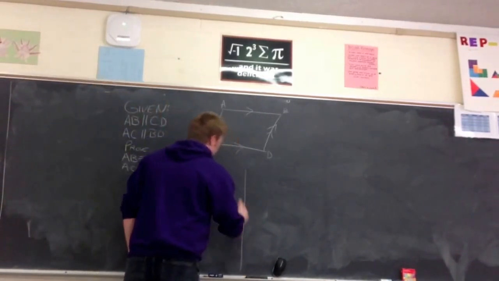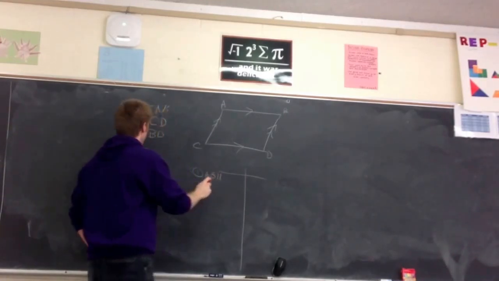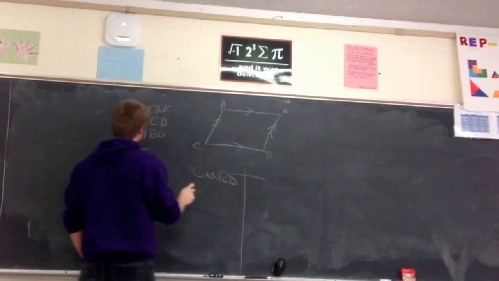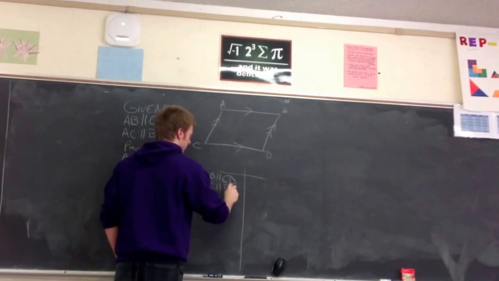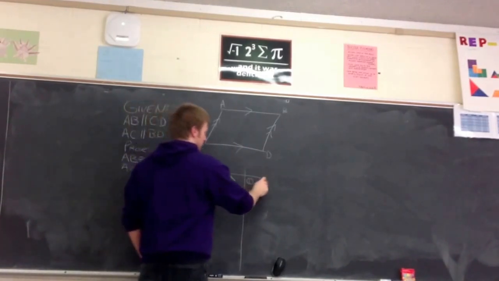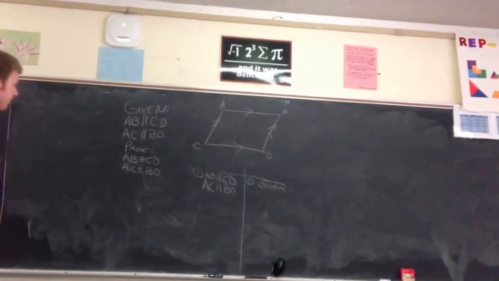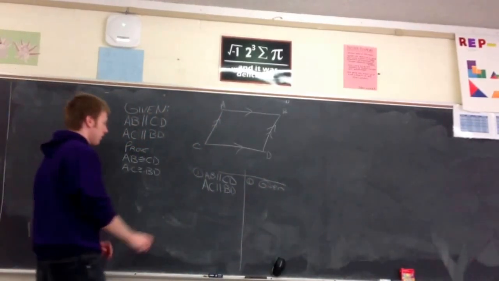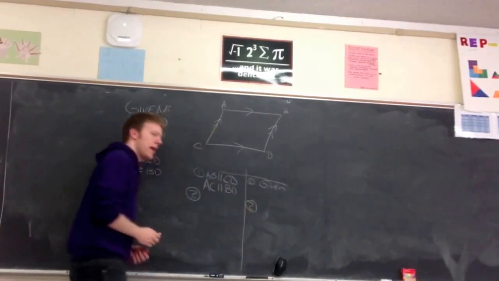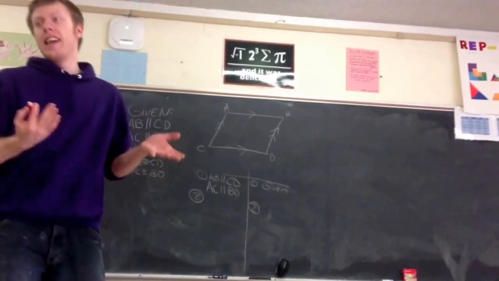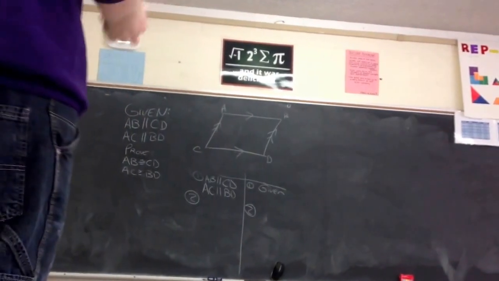So first, we've got our given. AB is parallel to CD, and AC is parallel to BD. Step 2. Now, if you make a construction on the paper, unless it's a very specific construction, like a bisector as drawn, you don't have to state it in your proof.